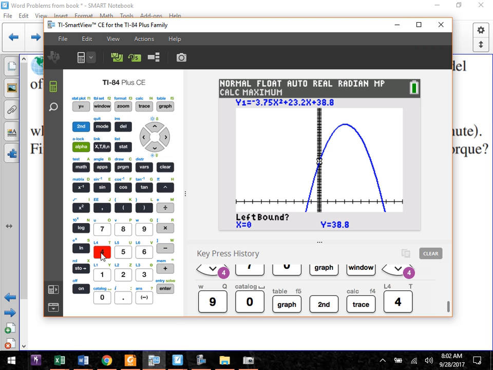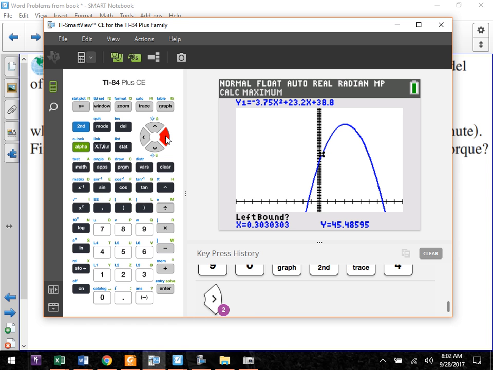Now, here's where it gets interesting. It's going to ask you a series of questions. On your graph, you have that little cursor, and you're going to move your cursor to the right. And you see how it's asking you the question, left bound?